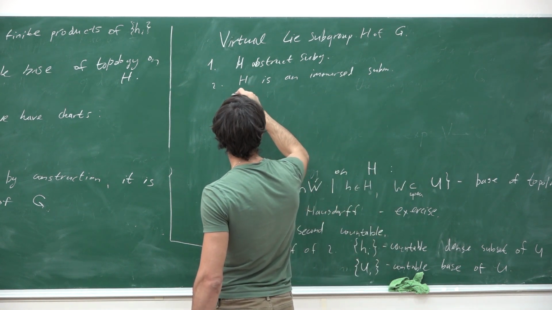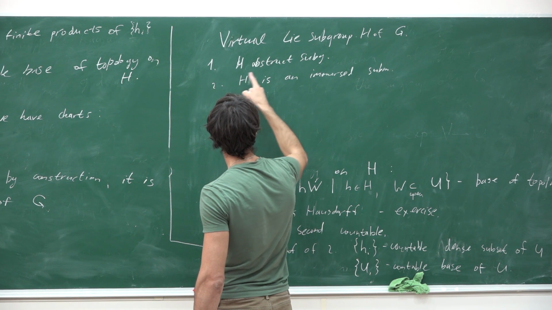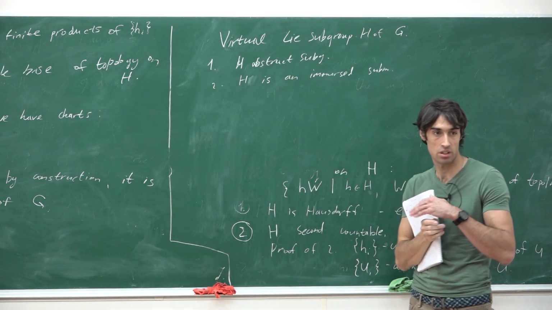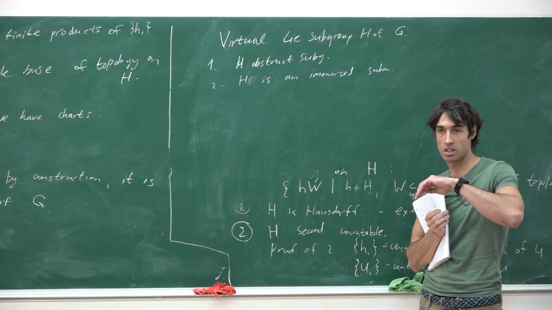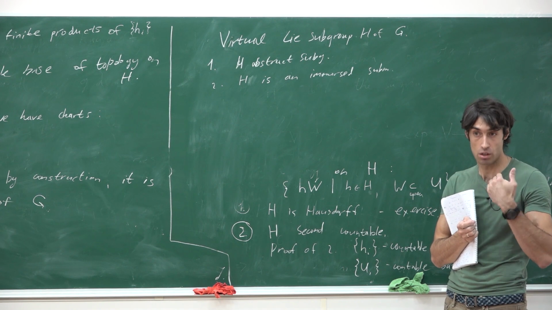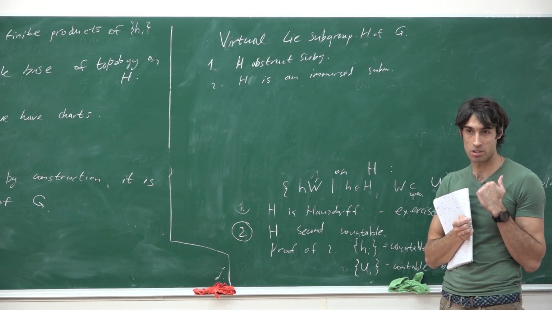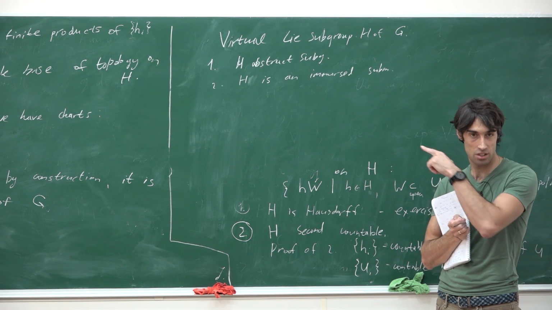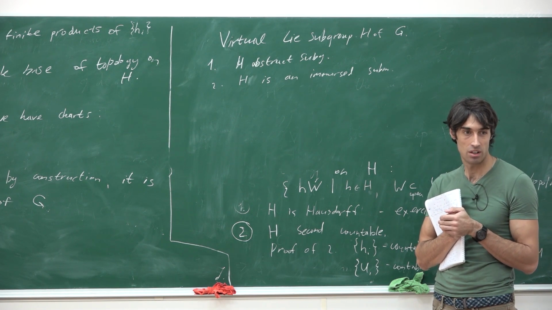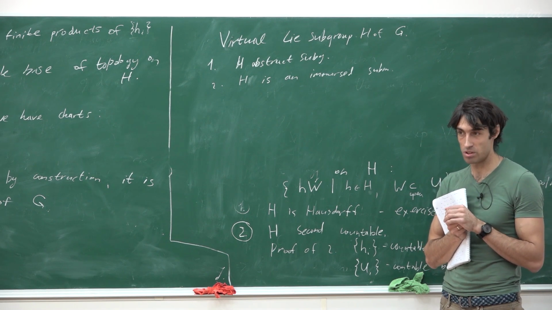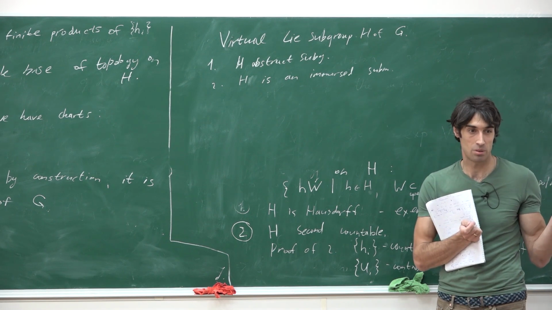You should correct it, because if it's just an immersed submanifold, it is very not clear that H is a Lie group at all. That multiplication is continuous is not clear at all, right? If you don't have an induced topology, and in this case you don't have the induced topology.